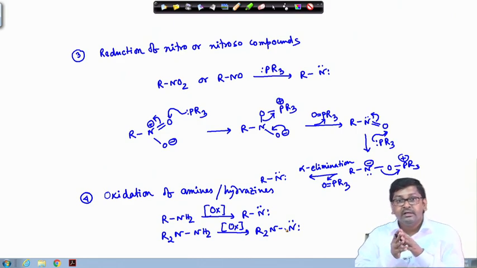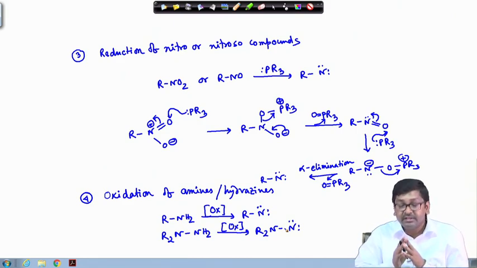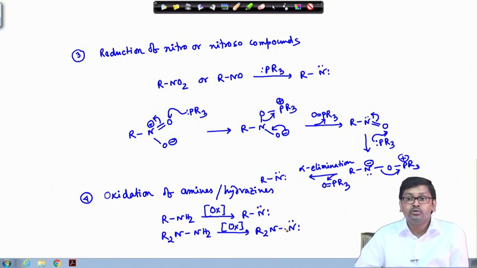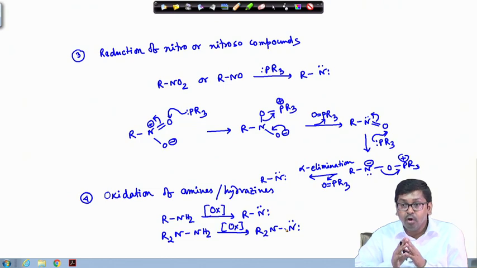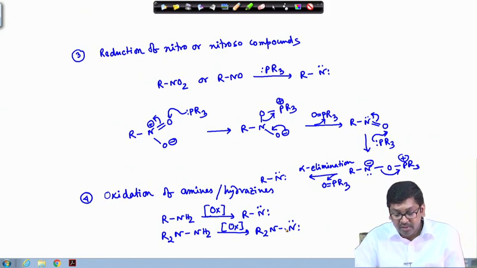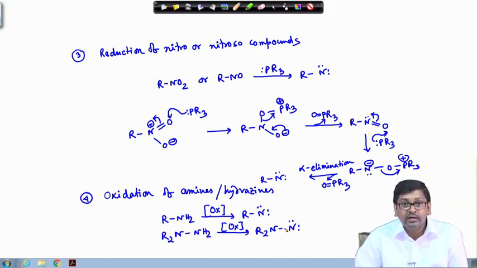We have discussed the various techniques of generating the nitrene moiety. It is not only the photolysis or thermolysis of azides, but we can also generate those nitrenes from various small molecules, heterocycles, or from alpha eliminations, or from reduction of nitro or nitroso compounds, and oxidations of amines or hydrogens.